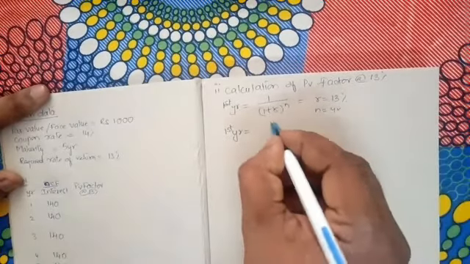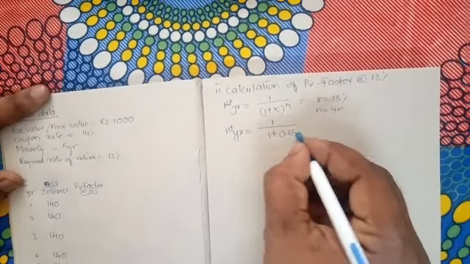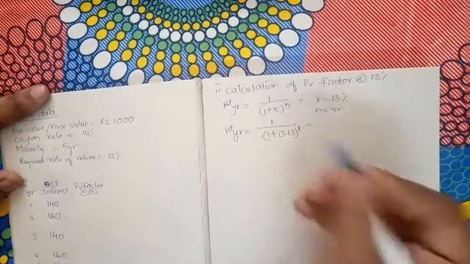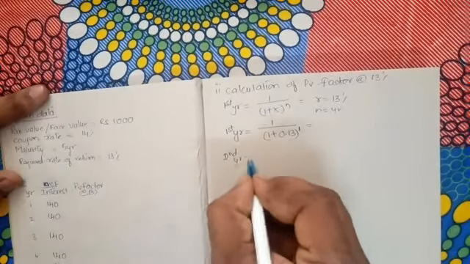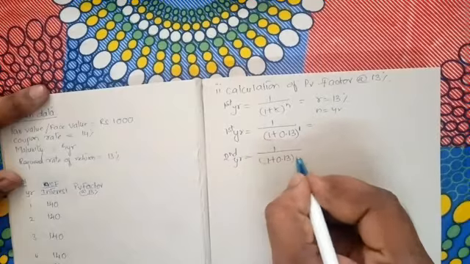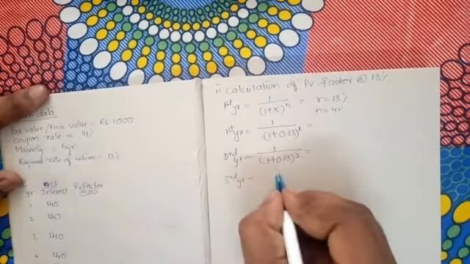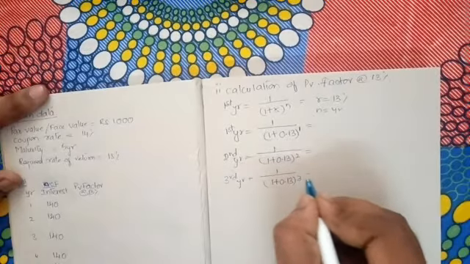So 1 divided by 1 plus r, which is 13%, that is 0.13, to the power of 1, because it is the first year, so n is equal to 1. For the second year it will be 1 divided by 1 plus 0.13 to the power of 2. On the third year, 1 divided by 1 plus 0.13 to the power of 3.